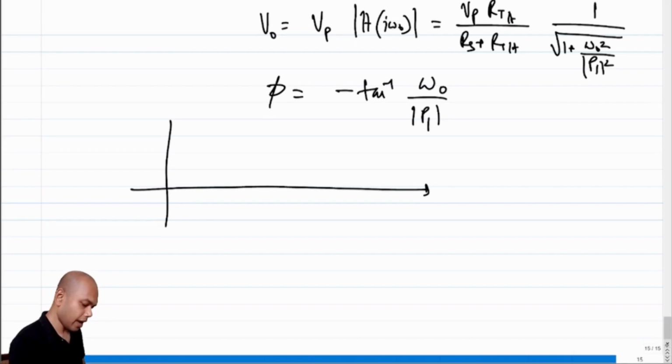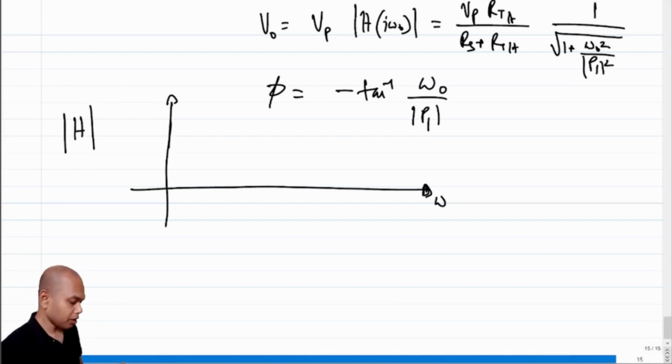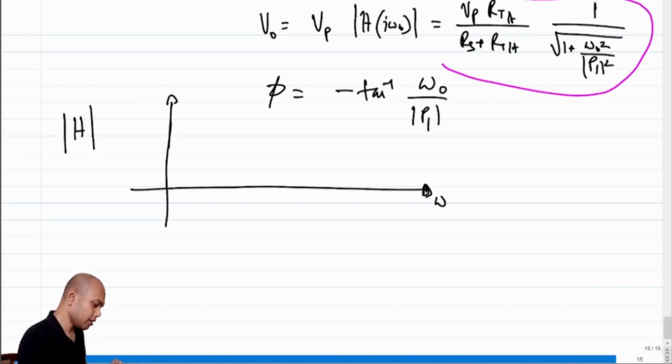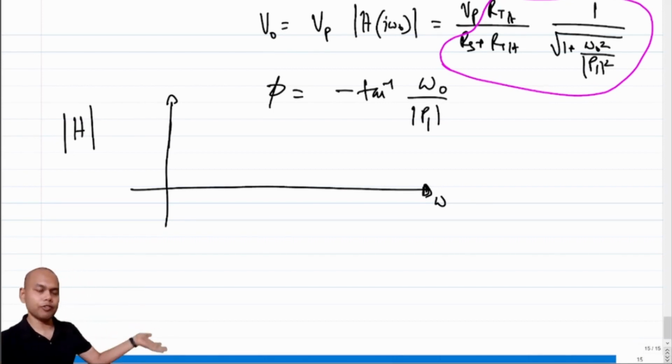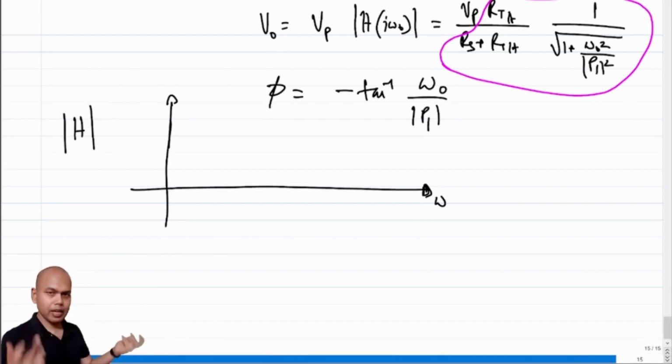So that's why the phase and the magnitude of H are important, right? If I plot mod of H with respect to omega, what am I going to see? So what is going to happen at very low frequency, let's say omega is close to 0?